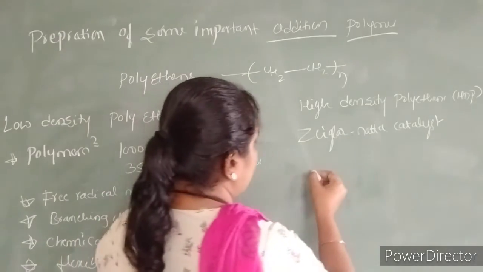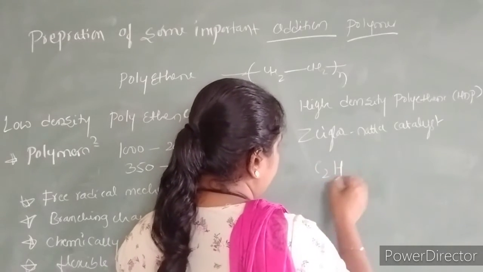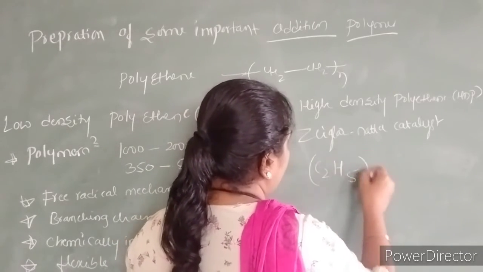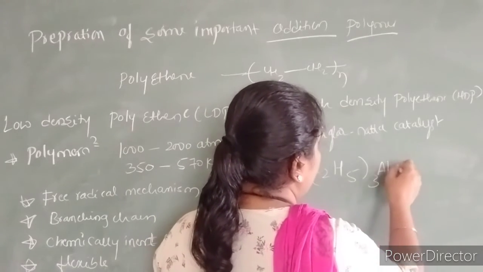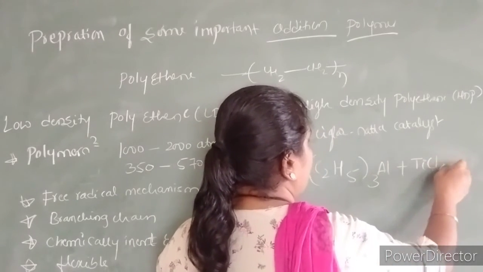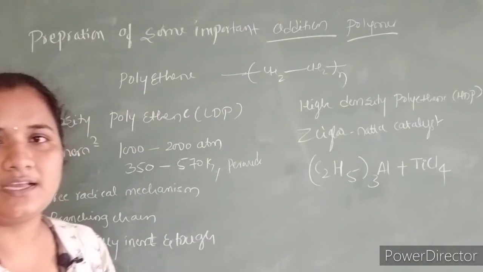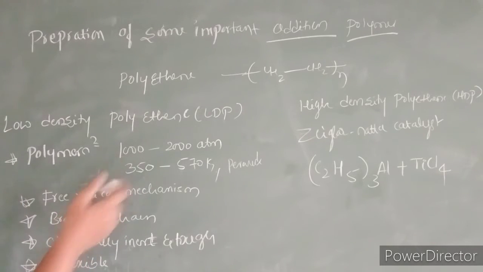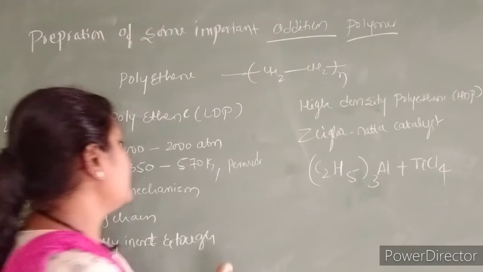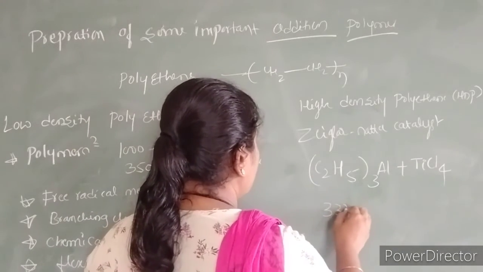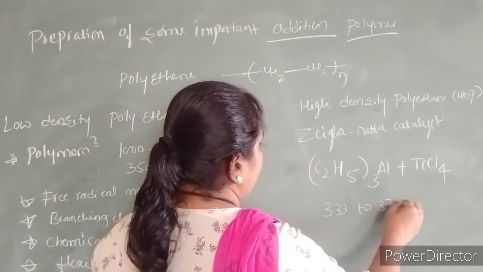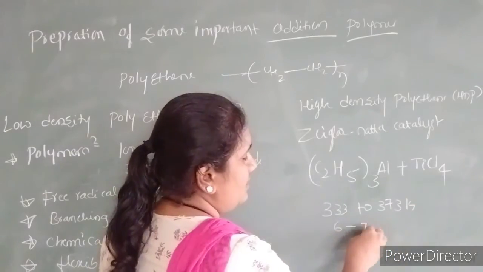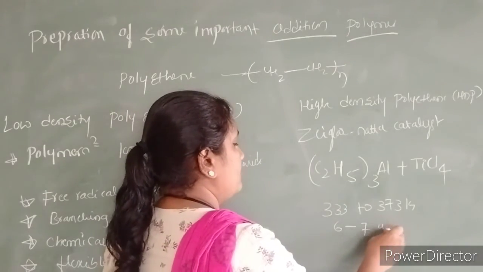The Ziegler-Natta catalyst is nothing but triethyl aluminum. When it is combined with titanium tetrachloride, it gives the Ziegler-Natta catalyst. By using this catalyst, we are able to produce high density polyethylene. The temperature required for this reaction is 333 to 373 Kelvin, and we require only about 6 to 7 atmospheric pressure.